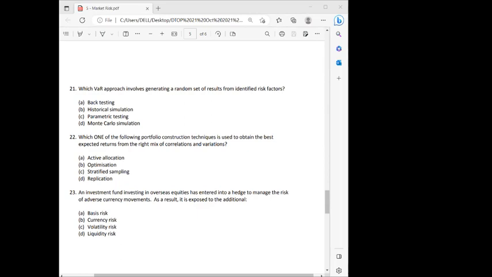When hedging is involved, the risk is when the hedge doesn't work efficiently, when it does not cover all the risk. So we discussed that where the hedging instrument does not cover the risk as planned is called basis risk. Therefore, in this case, the additional risk they are facing is basis risk. That is A, right? Question number 23, A is the answer.